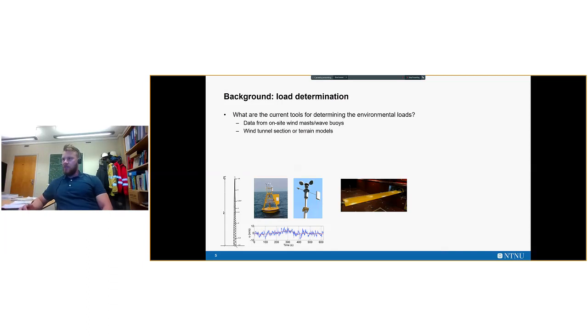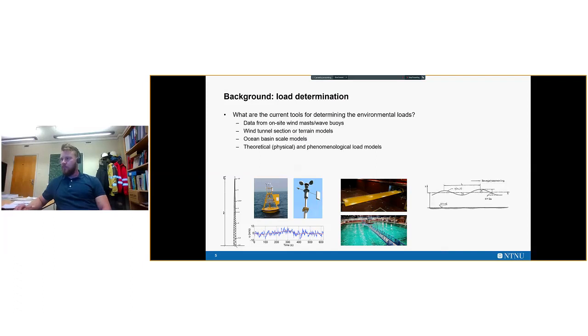We might have some section models in the wind tunnel or terrain models in the wind tunnel to understand the wind flow around our structures and in the adjacent terrain of the bridge. We might also perform some experiments in ocean basins for marine structures. And we often combine this with some load models we are able to obtain from a physical understanding of the interaction with the environment.